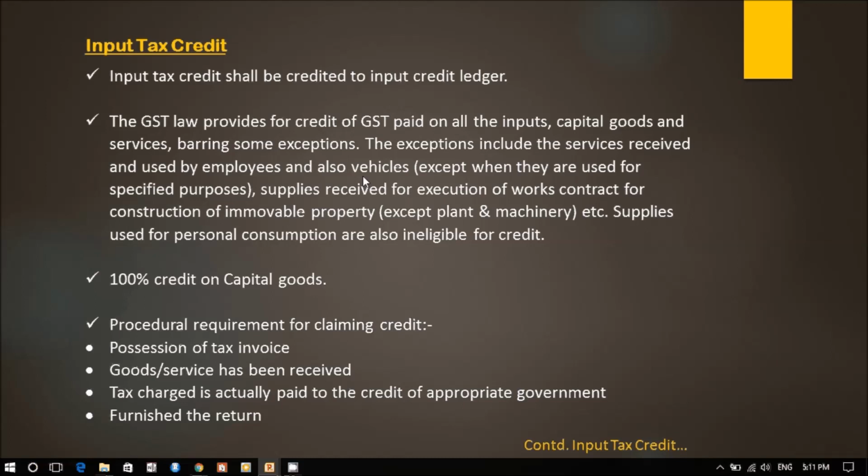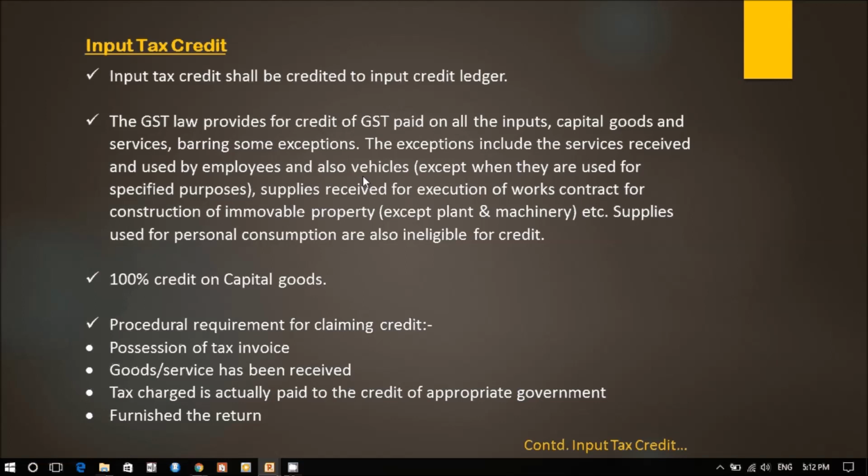Generally, credit of the vehicles is not allowed, but when they are used for the specified purpose. In the GST, normally the credit of the tax at the time of purchasing a vehicle would not be allowed, but there are few purposes. If vehicle is used for that purpose, then input tax credit would be allowed.